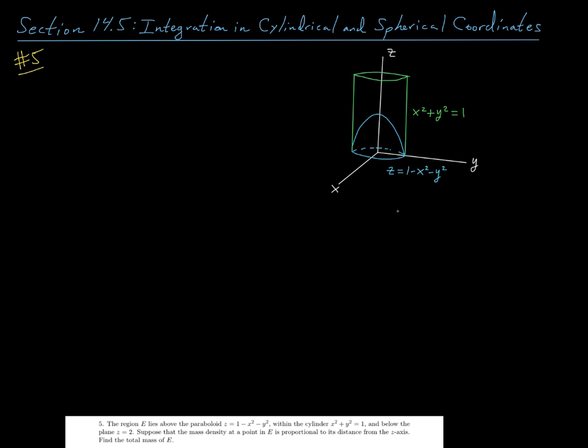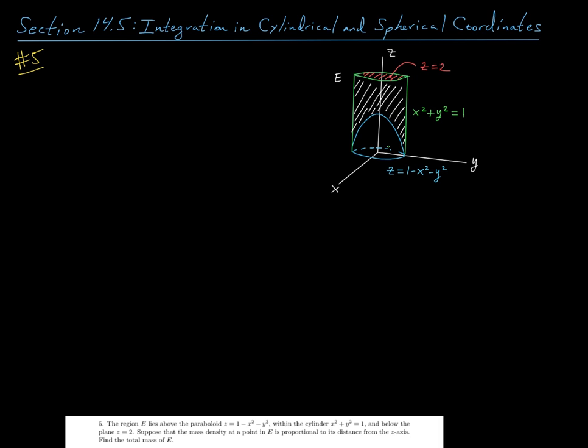It's just a plane parallel to the xy plane shifted up 2 units. I'll put that in up there. And so now, where is the region E? Well, it's the stuff above the blue paraboloid, within this green cylinder, and below this red plane. So in other words, we're looking at this stuff in here.